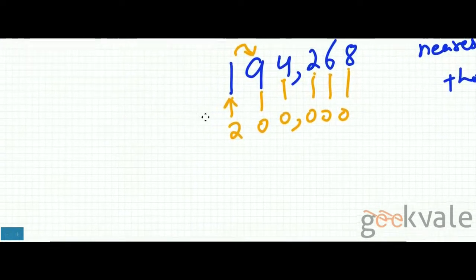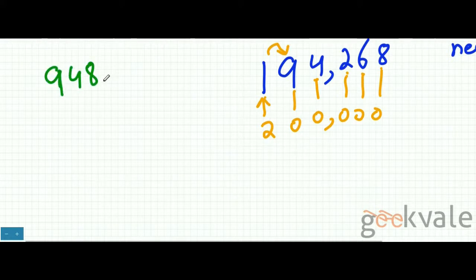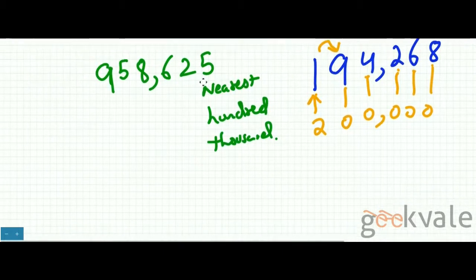Another example: what if I have a 9, 4, 8, 6, 2, 5? Let's make this 4, 5. If I'm asked a similar question, to round it to the nearest 100,000, this is ones, tens, hundreds, thousand, 10,000, 100,000.